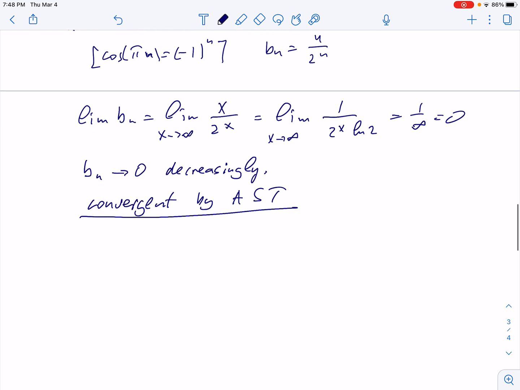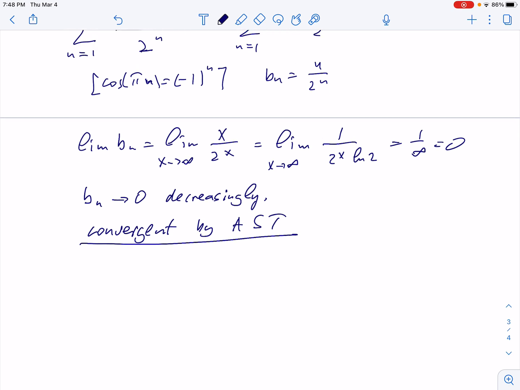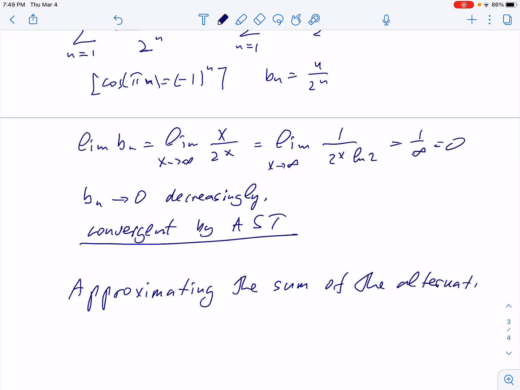I want to go to the last topic in this section, approximating the sum of the series by using one special estimate. Approximating the sum of the alternating series, this is important. I want to underline it in red.